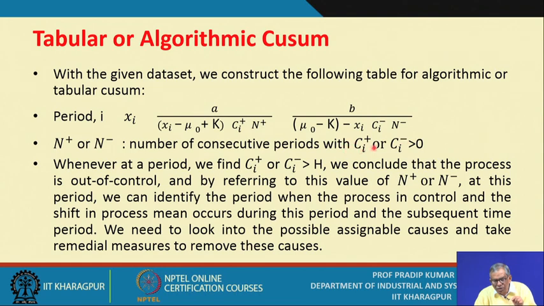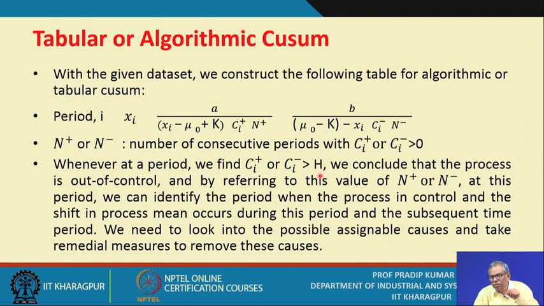As you are dealing with the cumulative sum, over the time periods for which you get positive values, these values will be increasing. If it crosses the value of h, immediately at that point in time you conclude that the process has gone out of control.